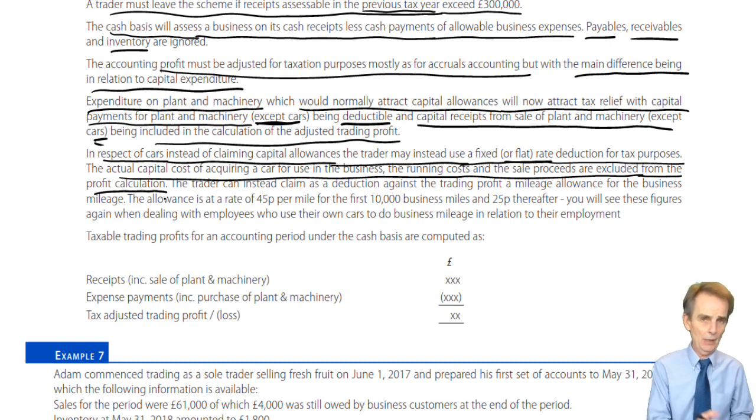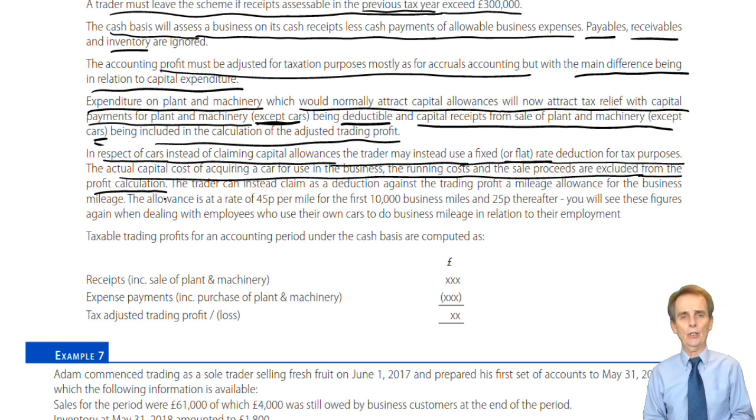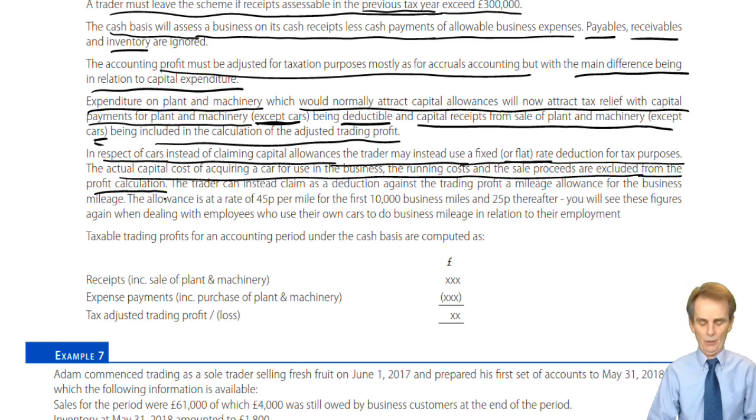You buy an item of plant, that would go in as a normal payment and would achieve tax relief when you pay for it, the cash paid basis. Eventually you sell it, the receipt that you get, that of course is going to be taxable. But not with cars, no.